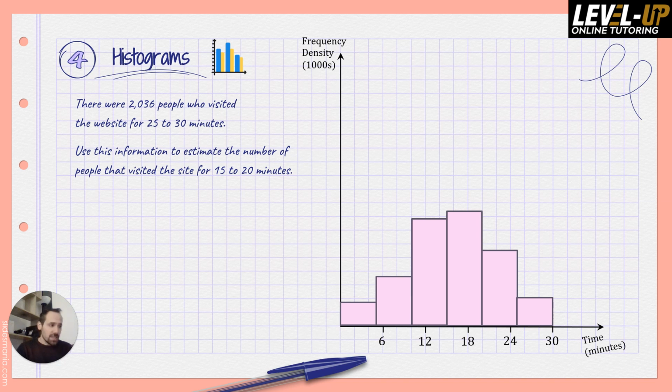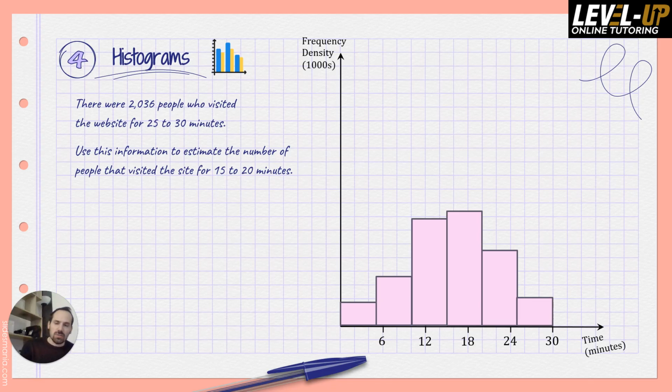But you see, the problem is that we have no points on our vertical axis. So how on earth can we read what this graph even means? Look at the 25 to 30 minutes, that's the last bar in this histogram.